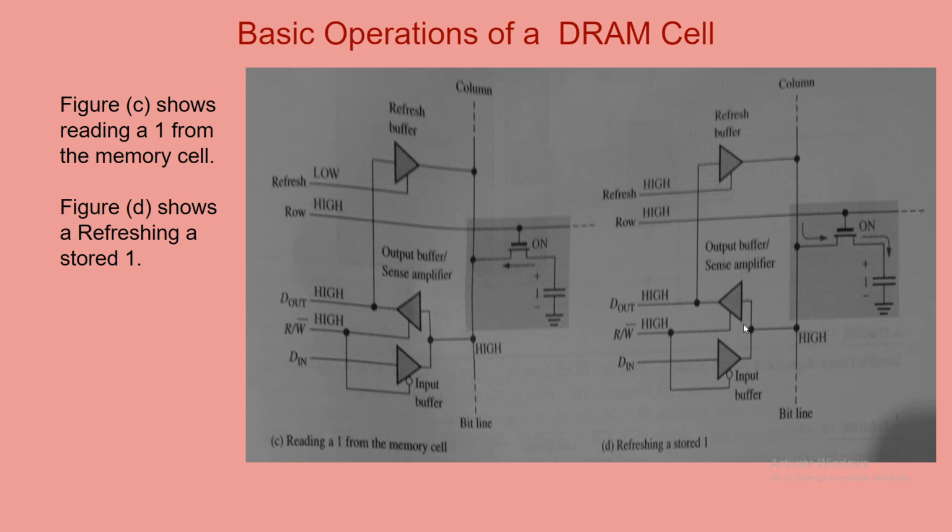High on the bit line is connected to the input of the refresh buffer with the help of the output buffer. Here the output buffer is enabled, therefore this high on the bit line is passed on to the input of this refresh buffer. When the refresh input is high, the refresh buffer is enabled, in such a way that the output of the refresh buffer is connected to the bit line, or column line.